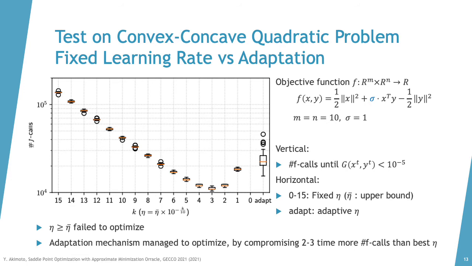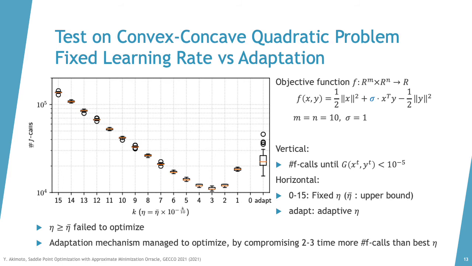We first noticed that the fixed learning rate strategy failed to optimize this problem when the learning rate is equal to or greater than the theoretically obtained upper bound, which is denoted by 0. And we are missing the box here, which indicates that no run succeeded in reaching the target threshold.